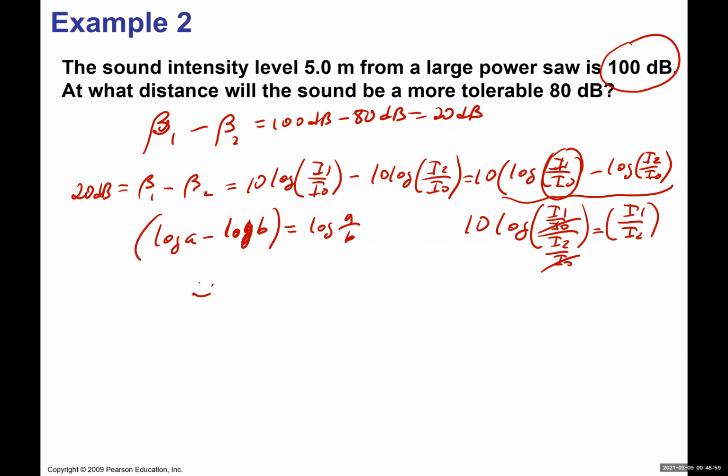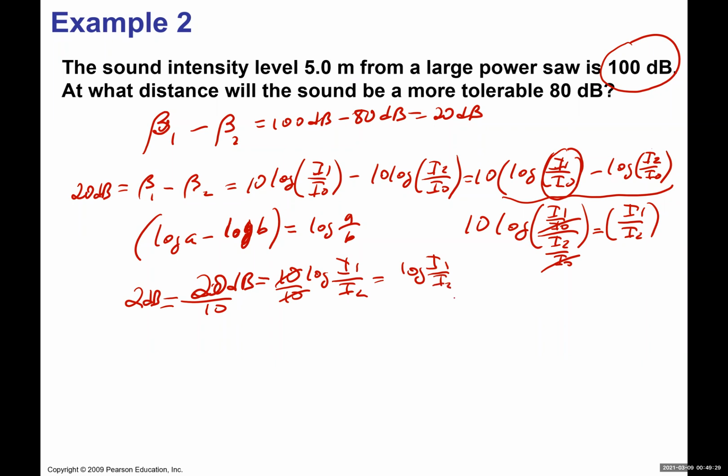That means what I have is this: 20 dB is equal to 10 log I1 over I2. Now next, divide both sides by 10. Then here I have 2 dB, so 2 dB is equal to log I1 over I2.